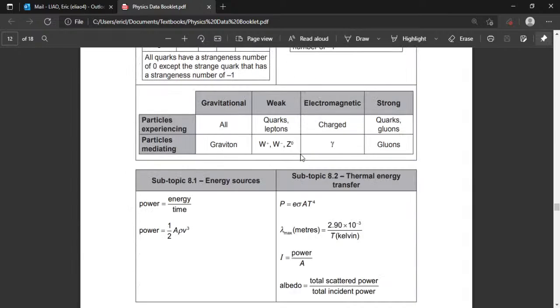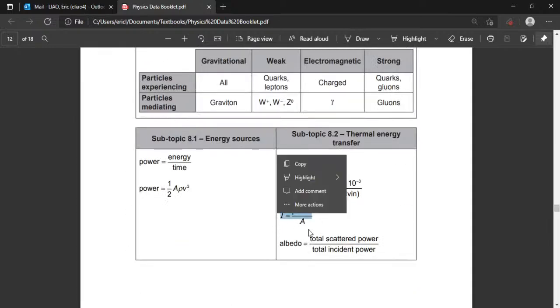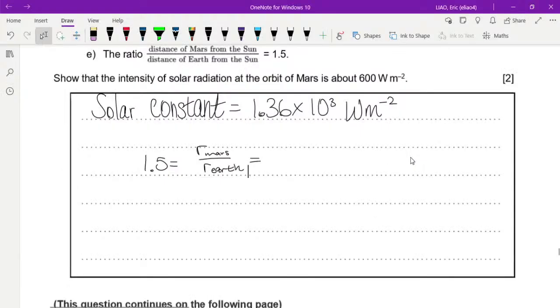And here, anything on intensity? Not really. Intensity is power of area. So surely this is P over the area.